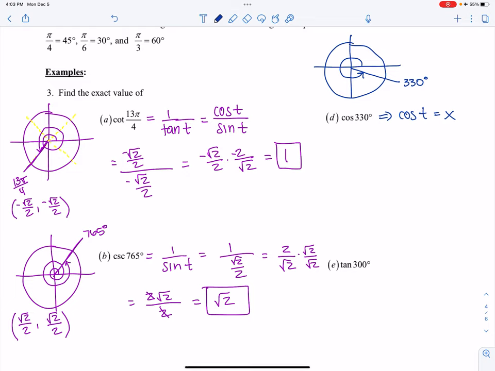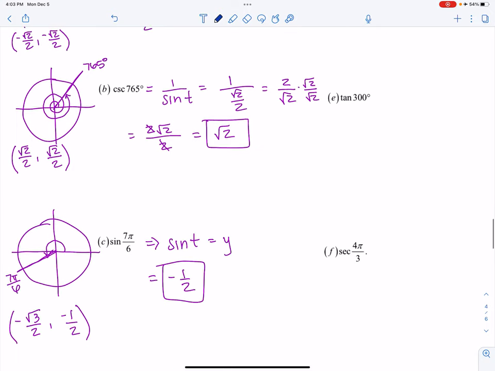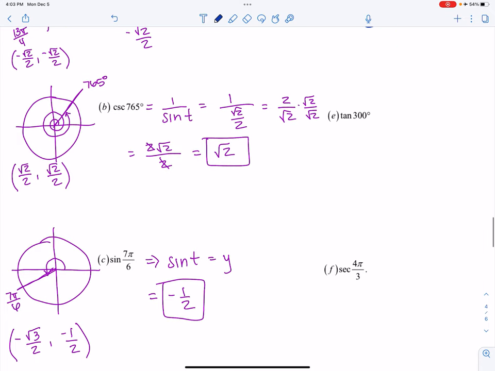So I go all the way around and end right there. That's one of our big three. So I know my coordinates, root 3 over 2 and -1/2. And since I'm looking for cosine, which is my x, then I know my answer, root 3 over 2. Referencing back to that unit circle is so beneficial. It's extremely, extremely helpful.